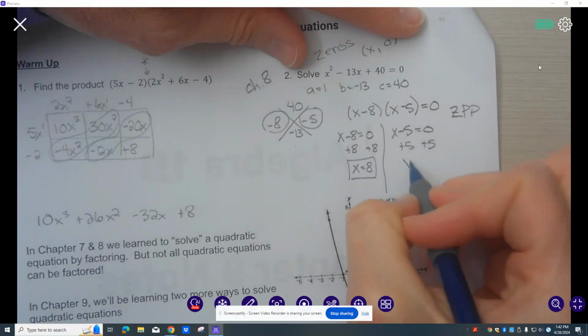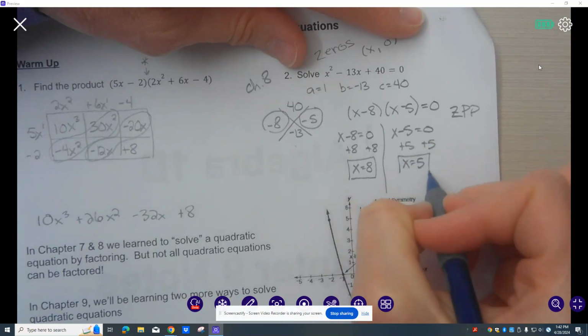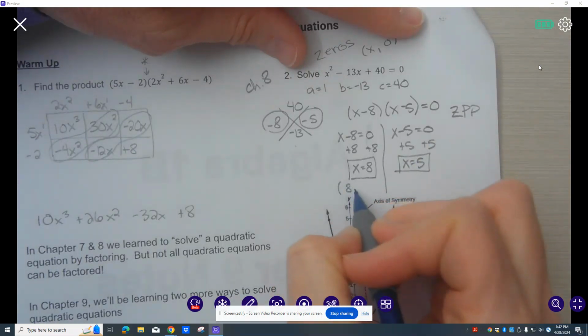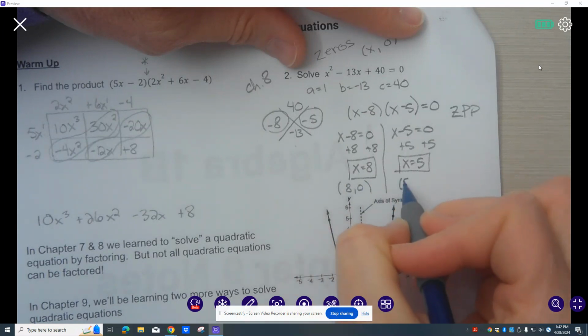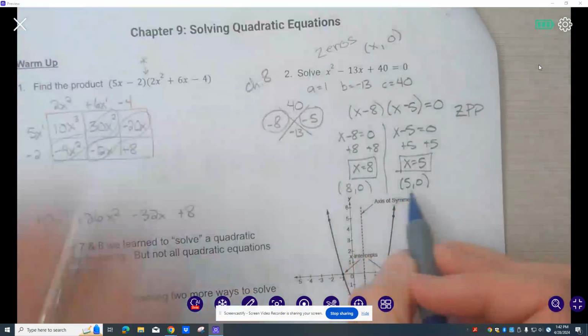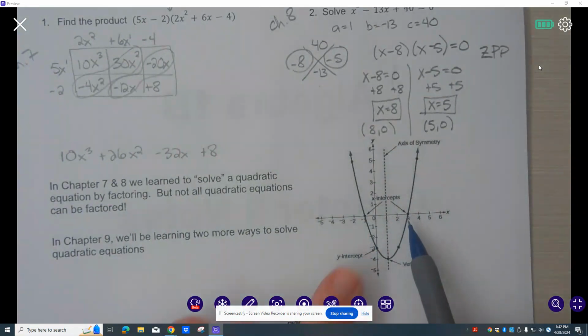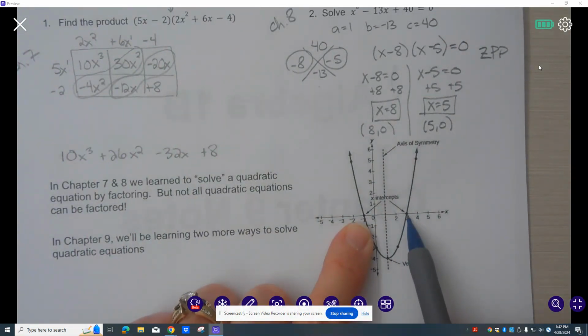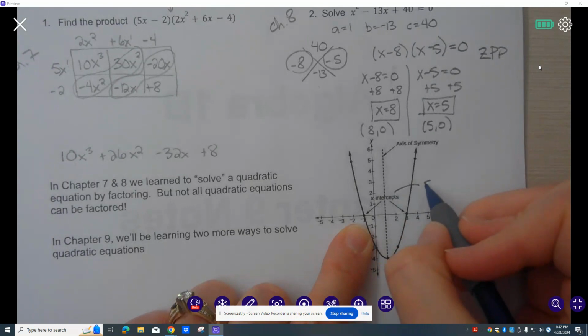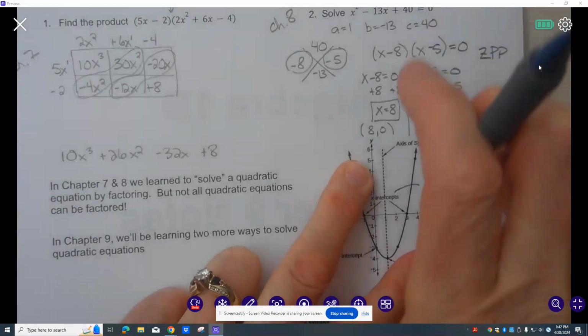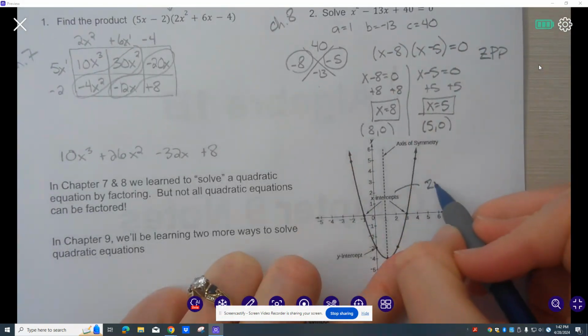And the other solution, x equals 5. And remember, you could also write these as coordinate points because you're finding the x when y is 0. Here's a picture that helps you remember. These are solutions. X-intercepts is one name for them, or zeros.